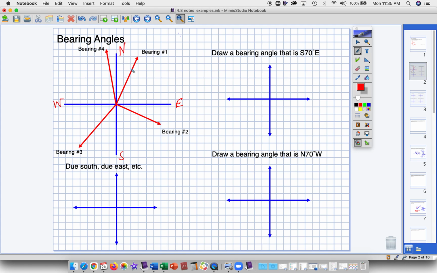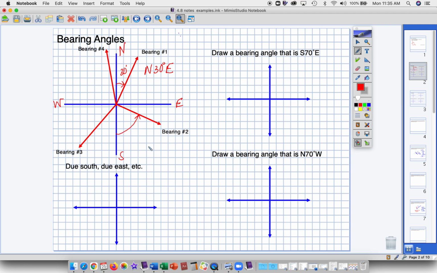This bearing angle here, angle number 1, would be a northeast bearing, and I'll estimate that to be about 30 degrees. So we would say north 30 degrees east. Bearing number 2: now I'm starting from the south and rotating to the east.